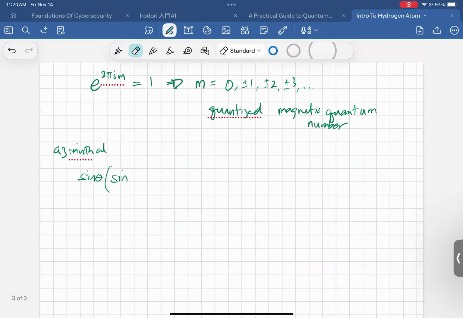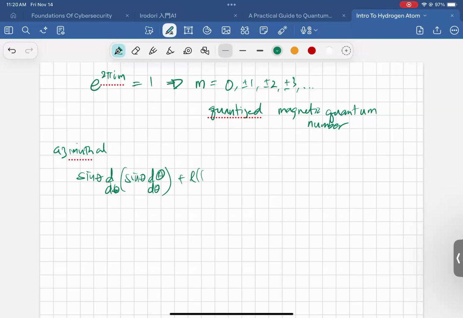Okay, so sine theta d theta, then sine theta d theta, capital theta, okay, plus L times L plus 1, okay, sine squared theta, and then capital theta.